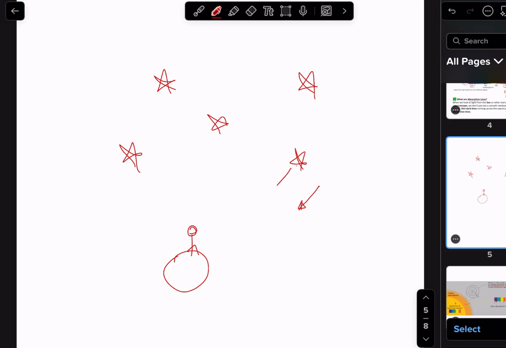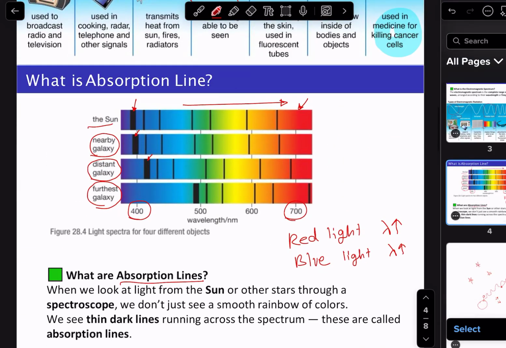If a star is coming towards the earth, we would find that the frequency is increasing and the wavelength decreasing over time, and we would find that the shift is towards the blue end, but we find that in reality the shift is towards the red end.